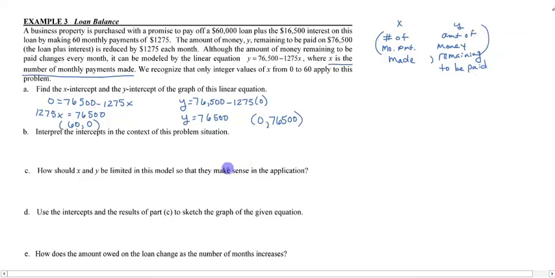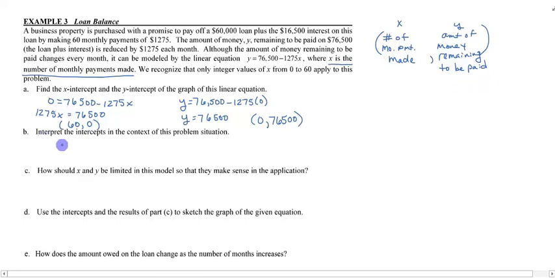There we go. So when we are interpreting the x-intercept, we have a 60 for the number of payments to be made, and we have 0 as the amount of money that's remaining to be paid.